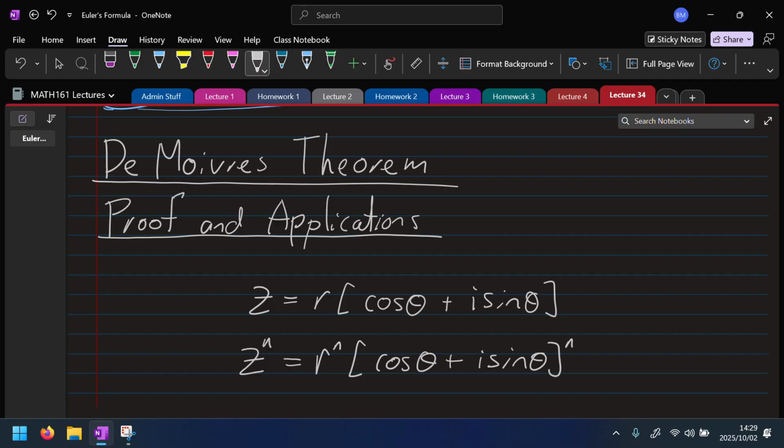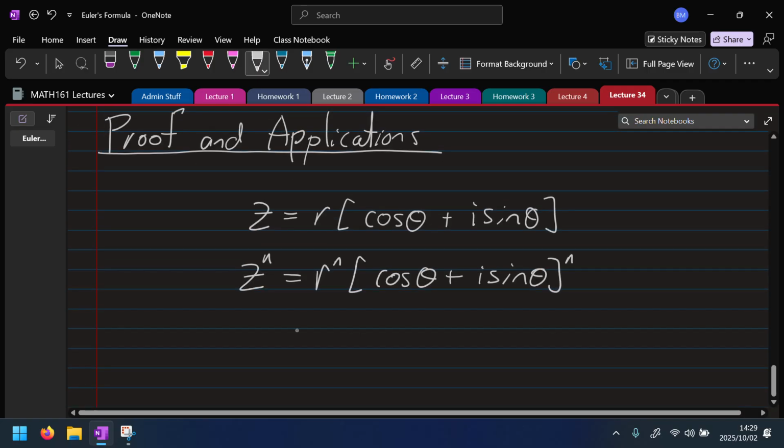Now, r to the n, that's easy. We can do that. Cos theta plus i sin theta to the n, that's going to be quite difficult to calculate, right? Imagine we have cos theta plus i sin theta to the power 5. You're going to have 5 brackets you need to multiply out. Okay, but De Moivre's theorem says, no, we don't have to do all that work. We can just write it like this.